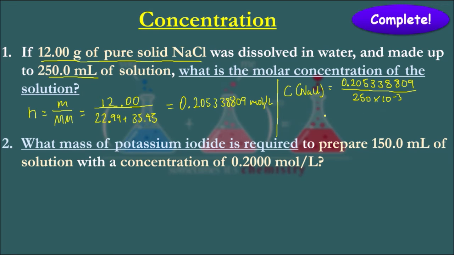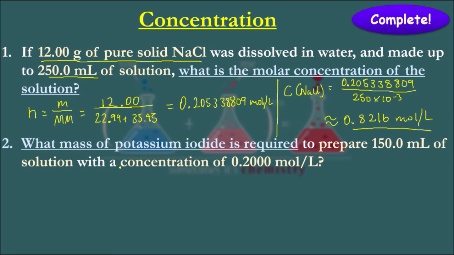And if I round it off to 4 significant figures, it's roughly 0.8216 moles per liter. So that's how you would calculate your mole concentration for your standard solution. You only need a few pieces of information: the mass, the molar mass, and concentration or volume.